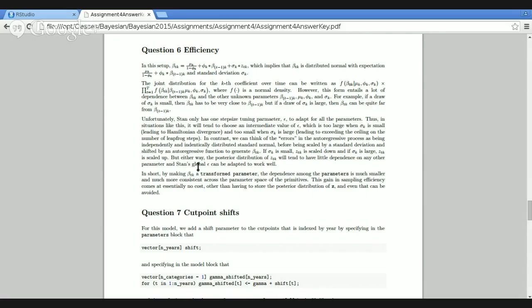But if you get a draw of sigma that's large, then the conditional distribution of the next beta could be pretty far away from the previous beta, and it could get away with a larger step size.